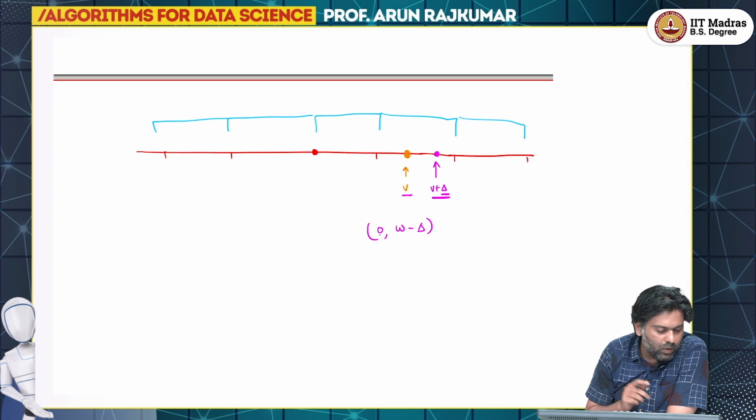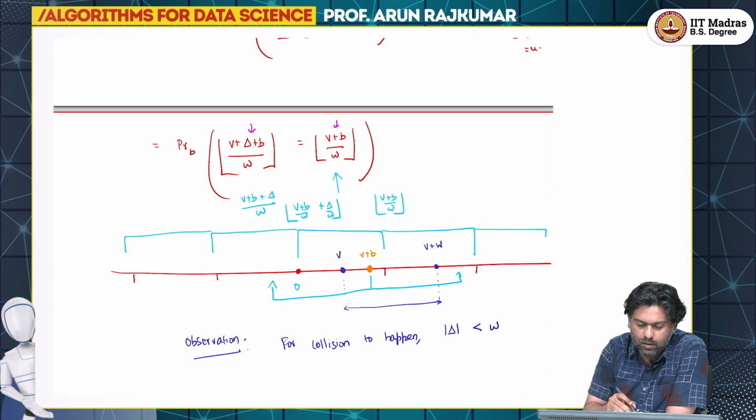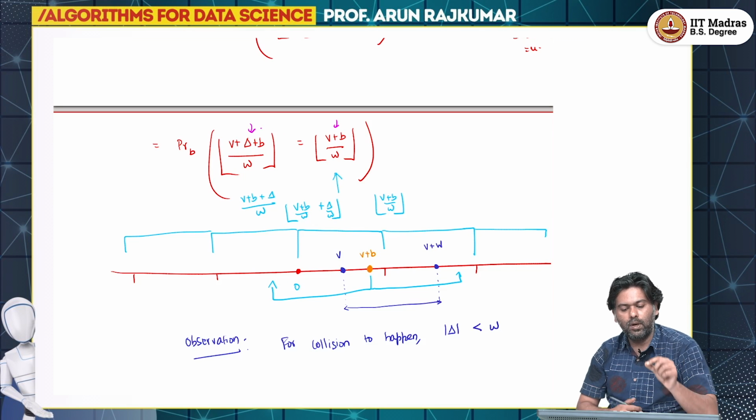Only if it is between 0 and W minus delta, then there is some chance, that's the only time when these two guys will land in the same box, right. So whatever this B is, something like between 0 and W minus delta, the delta and delta will kind of cancel out, right.